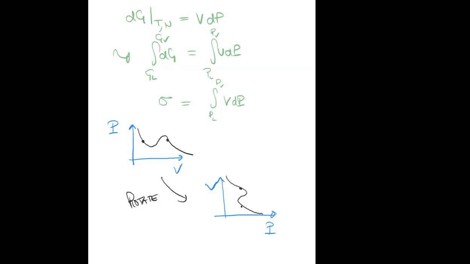And so what this formula is saying is that as I do this looping, this integral V dP, which in this plot is now just the area under the curve, must be 0, okay? Now the area under the curve is a little bit of a funny thing because the trajectory that I'm taking is a trajectory like this. So I start here. This is my integration trajectory. So what happens if you follow this integration trajectory?